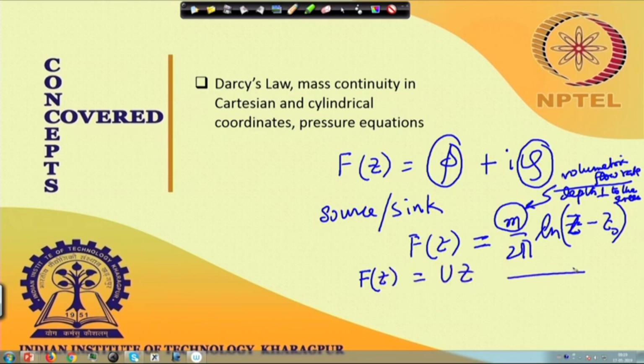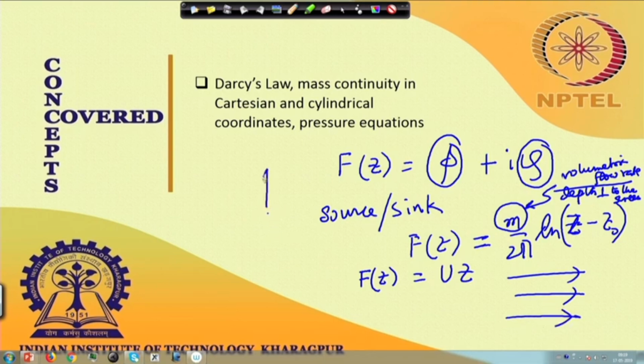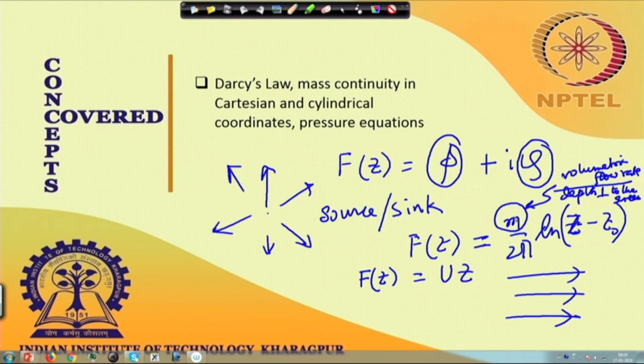This implies flow in the x direction, whereas the source and sink means one point, and flow is either emanating if it is a source, or if it is a sink, then m will be negative, and sink means flow would be all inward.